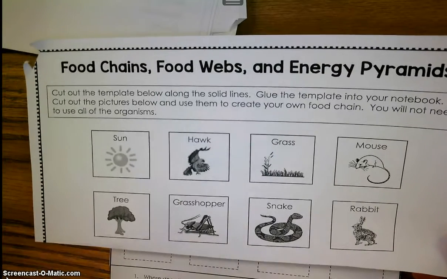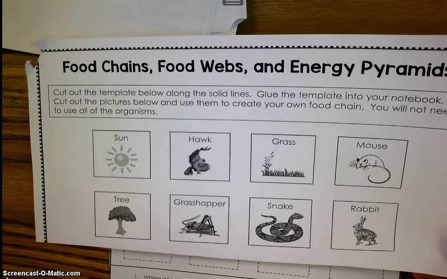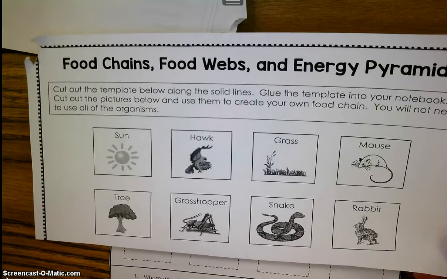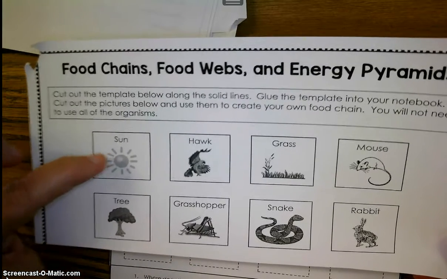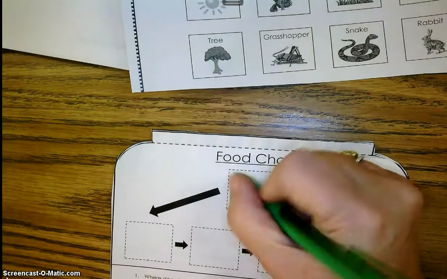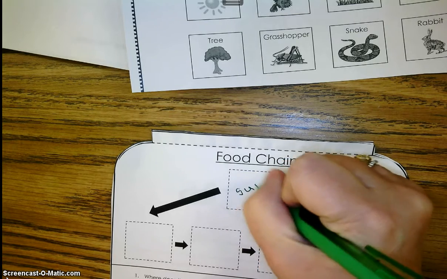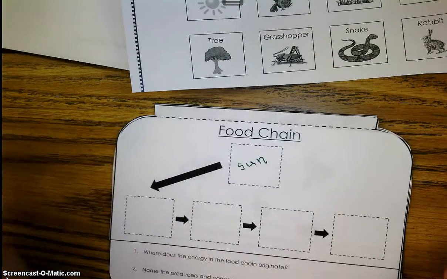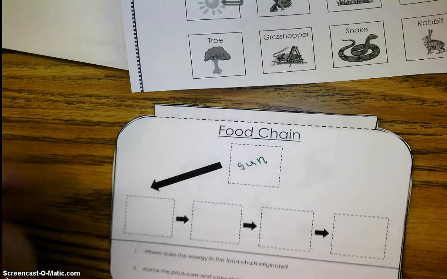So if we looked at these, all of these are biotic or living things with the exception of one, the sun. The sun is abiotic. And so we are going to put the sun right here. I'm not going to cut it out right now, but I'm just going to write the word sun, and that's where the sun is going to go.